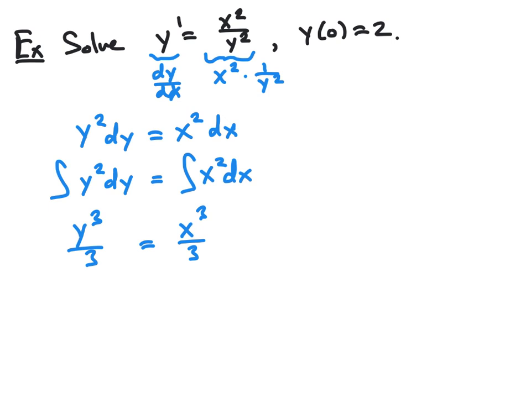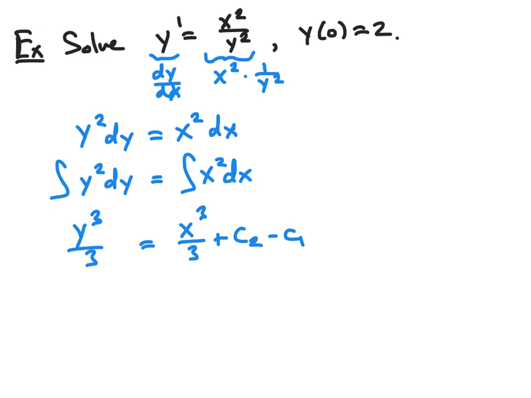Now, because these are indefinite integrals, we do want arbitrary constants here. And so one thing we could do is, for example, add a c1 on the one side and a c2 on the other. But because these are just arbitrary constants, we could then at this point subtract c1 to the other side. And so we end up with something like this.